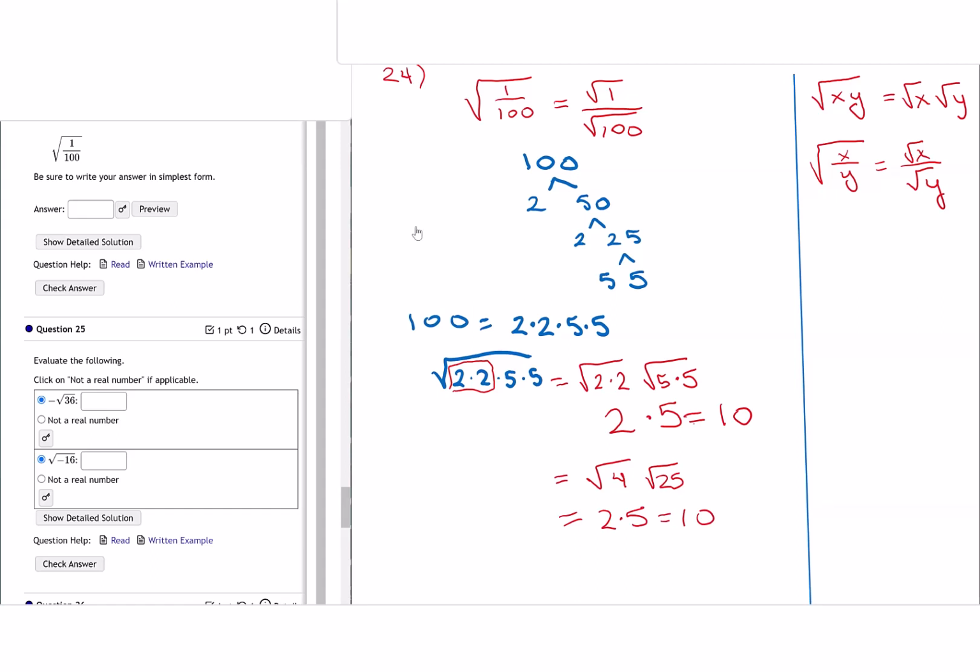And if I did my factor tree differently, for example, if I started out saying, oh, I know 10 times 10 is 100, now that they match, I can stop there. I don't have to factor it all the way down. The answer to this one is 1/10. And that is my final answer.